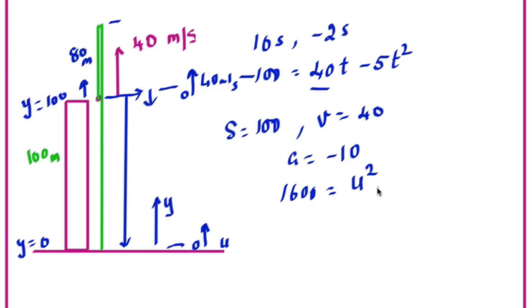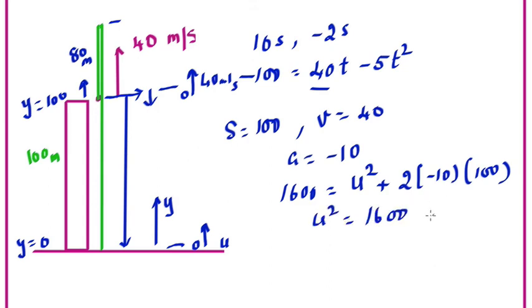So 1600 equals u squared minus 20 into 100, which is 2000. This minus sign becomes plus when it goes to the other side, and that gives me 3600, from which I gather that u is plus or minus 60 meters per second.